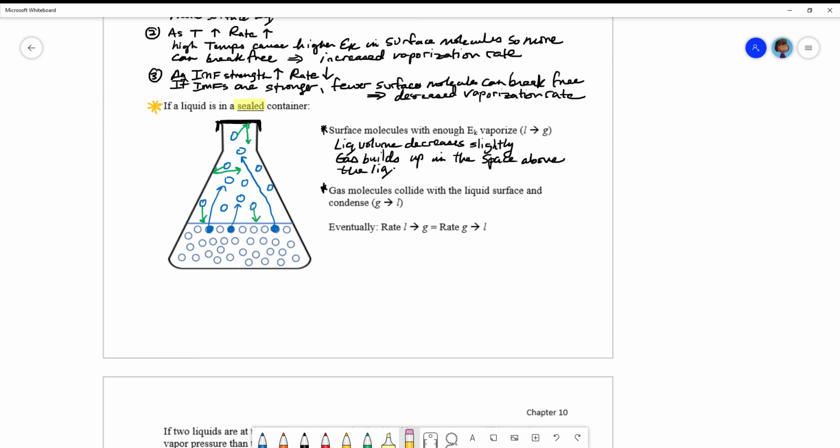And when we get these two rates to be the same, what do we notice? We notice that the liquid volume stops decreasing and it stays the same. And we also notice that the gas quantity above, which was building up, stops building up and stays the same. And so I'm going to note this. All right. So the volume of the liquid stops decreasing, stays constant.